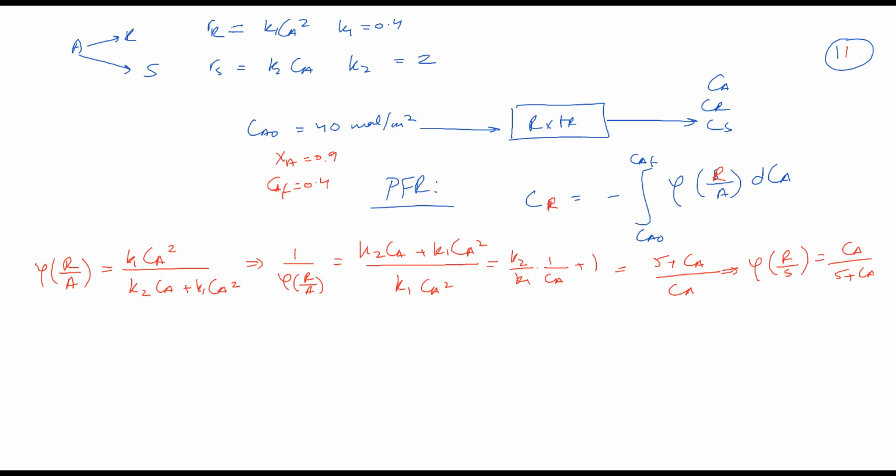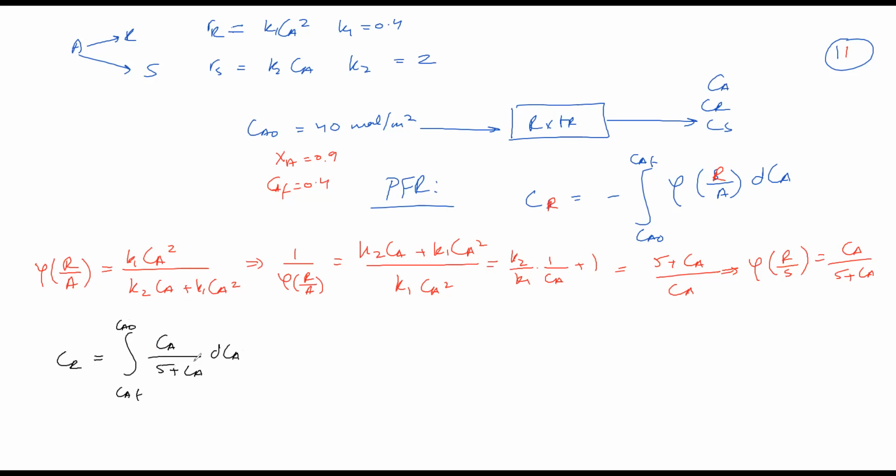So let's do the integration. Now I want to calculate CR. Again, I'm going to remove this negative and flip these two. So I'm going to get the integral from CAF to CA of CA over 5 plus CA dCA.